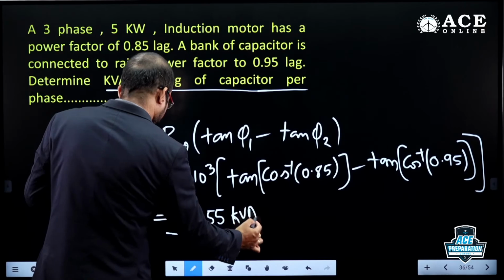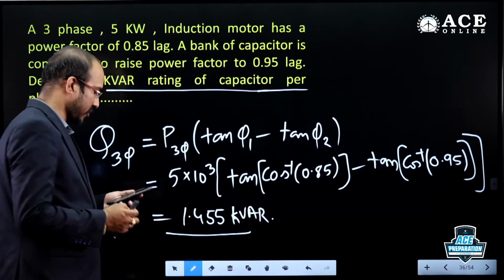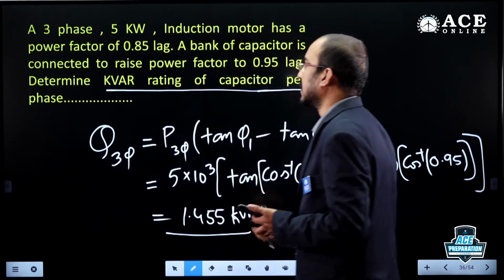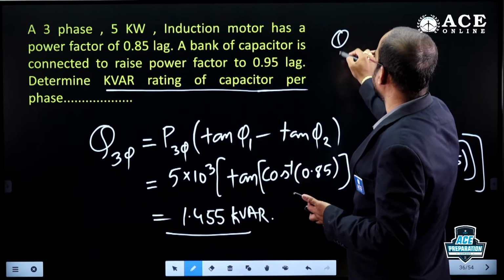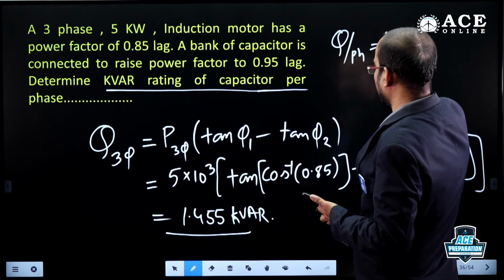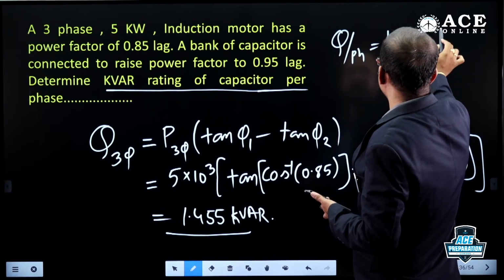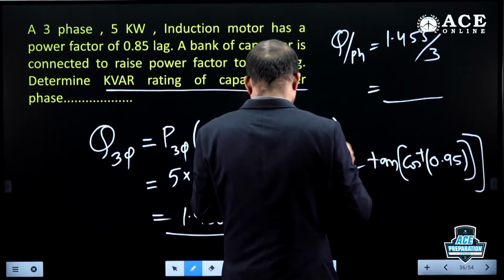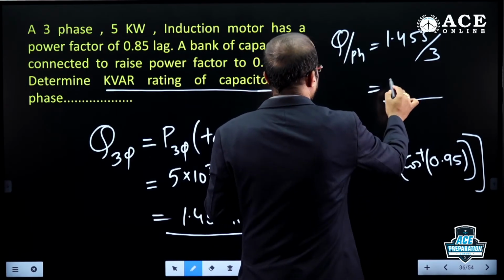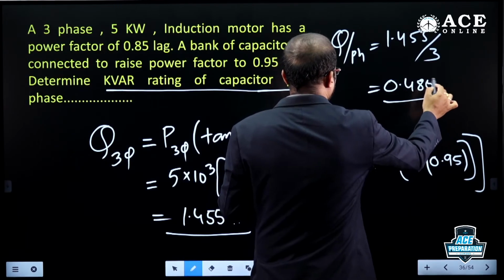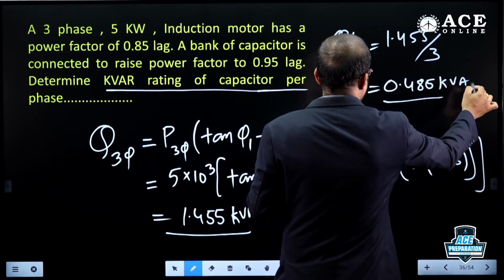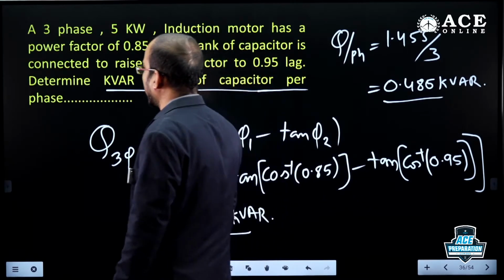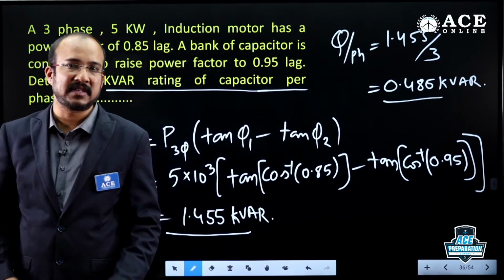Okay, done. 1.455 kVAR, but this is for 3 phases. If you observe, he is asking per phase. So Q per phase is 1.455 by 3. Divide by 3, and you will get 0.485 kVAR. So this is the reactive power supplied by the capacitor bank.